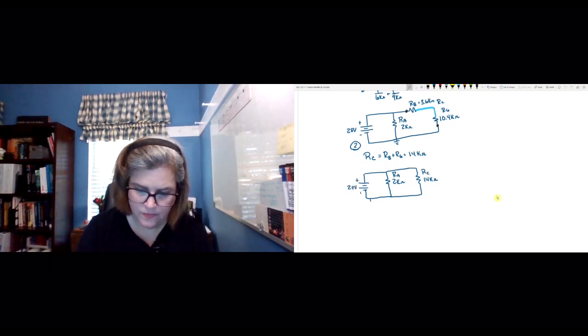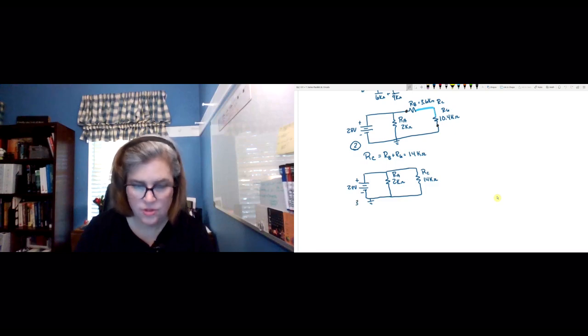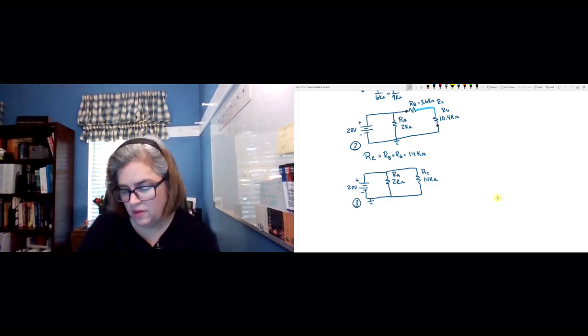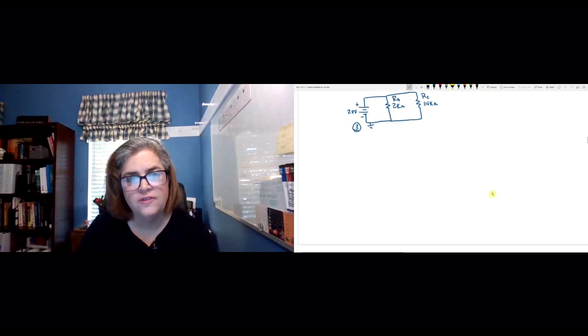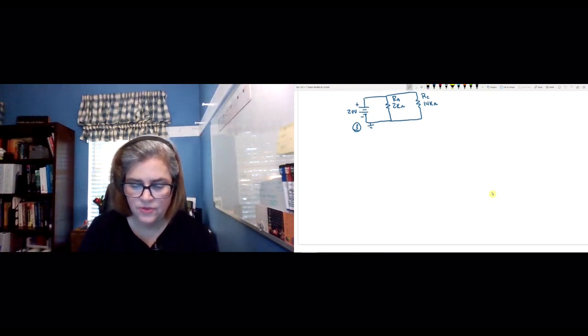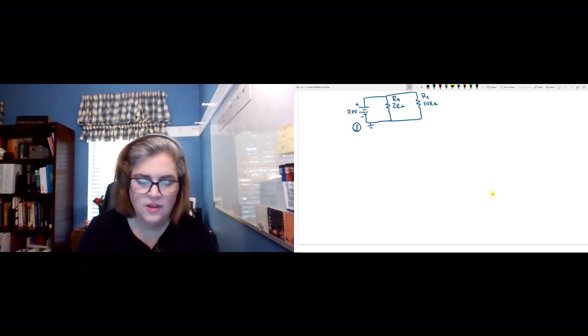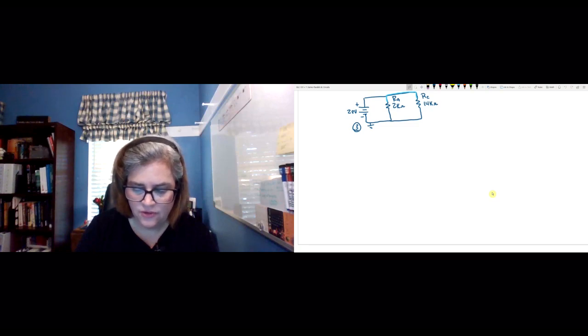And that would be our step 3. When we get to step 3, we just look at this as if it's its own circuit all over again. So we have another problem to look at here. Now I notice that RA is connected to RC up here, and it's connected to RC at the bottom, so they're in parallel.